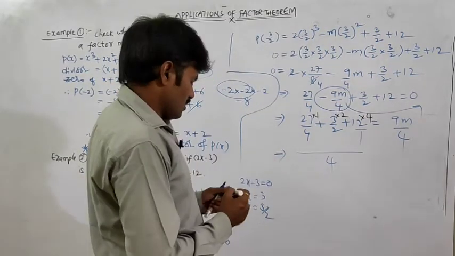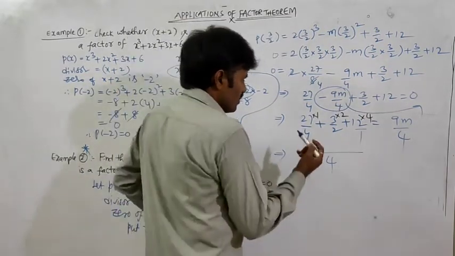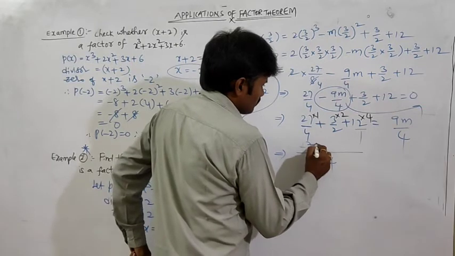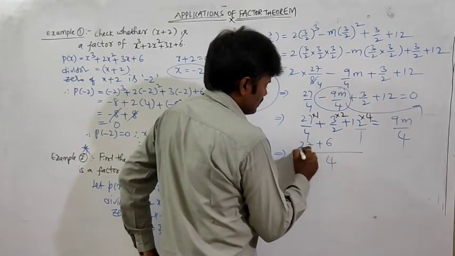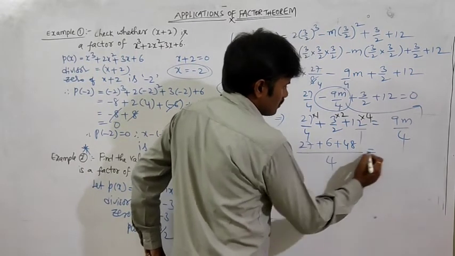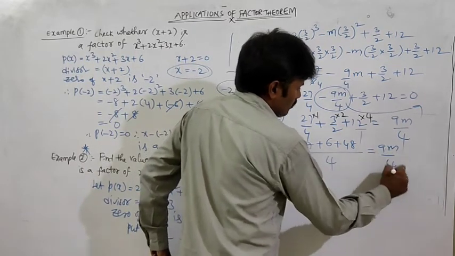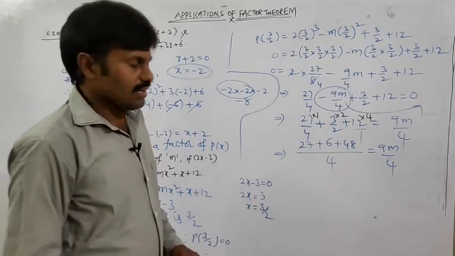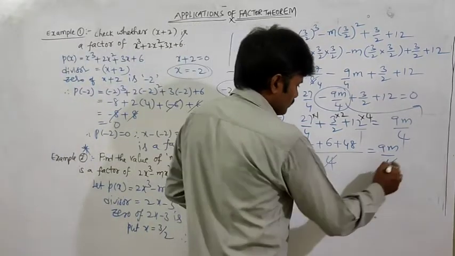Now 27 into 1 is 27, plus 3 2s are 6, plus 12 4s are 48, that is equal to 9m by 4. So both sides dividing by 4, now we can cancel.